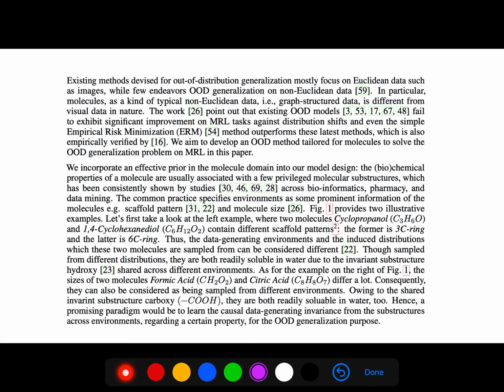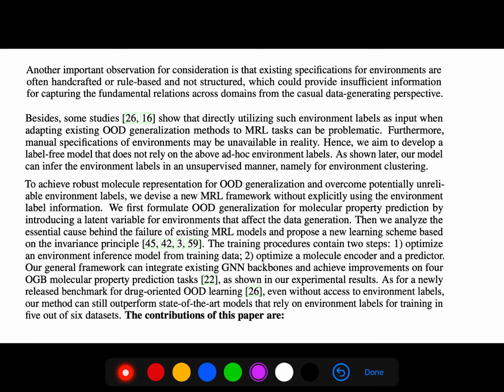So biochemical properties of molecule are usually associated with a few privileged molecular substructures. To achieve robust molecular representation for out-of-distribution generalization and overcome potentially unreliable environment labels, we devised a new MRL framework.